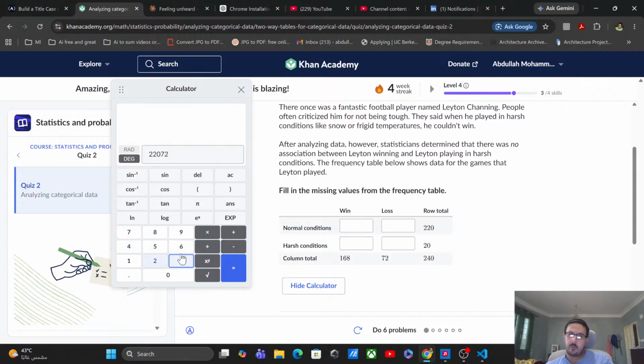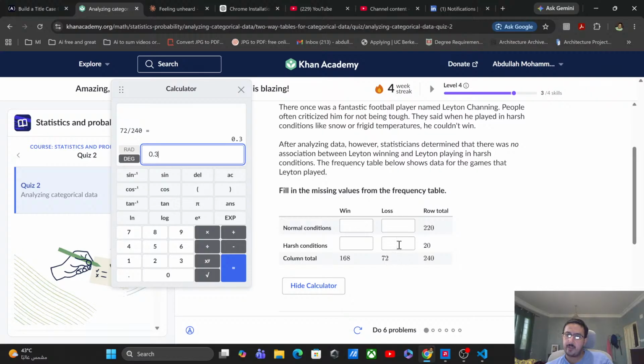So 72, 240 is 0.3. This is 30%. 30% of the 220.